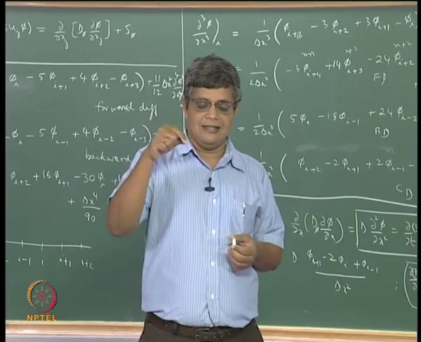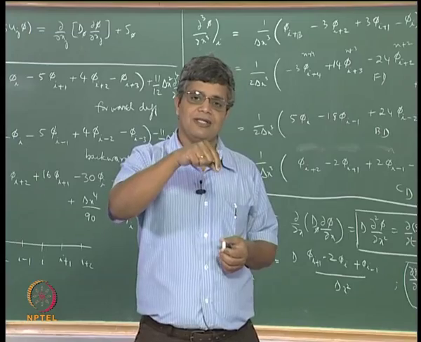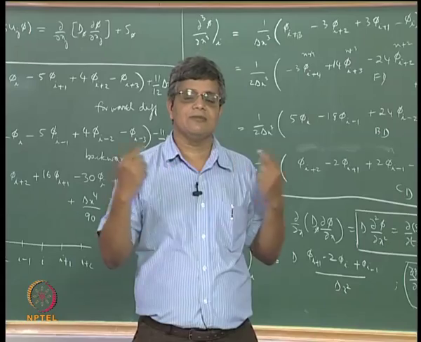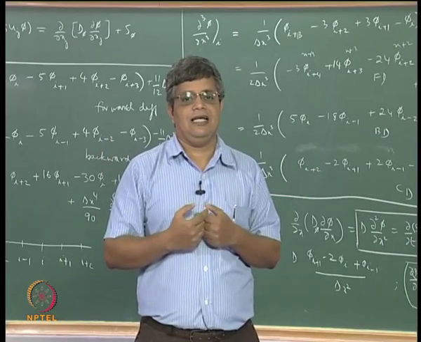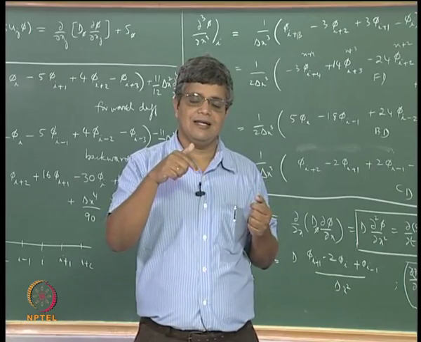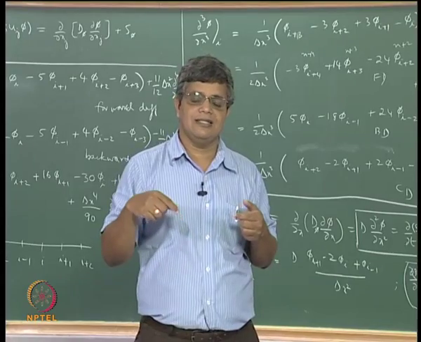And the form of this algebraic equation is such that the value of that particular variable at that particular point in time and space is expressed in terms of the neighboring points, and we need to do this approximation at all the grid nodes that are of interest to us.